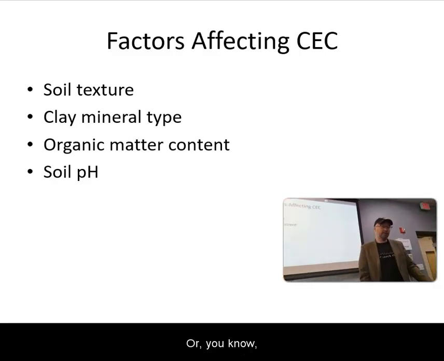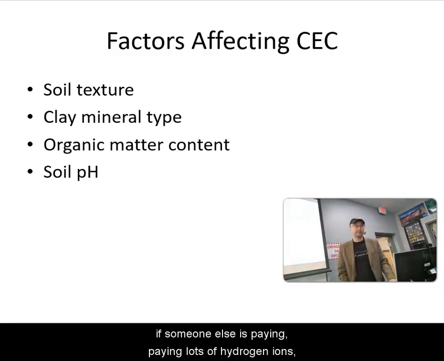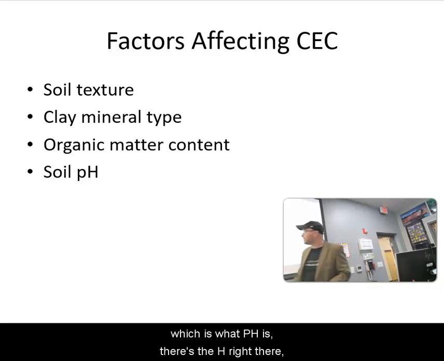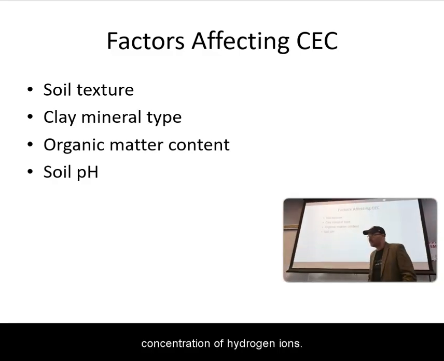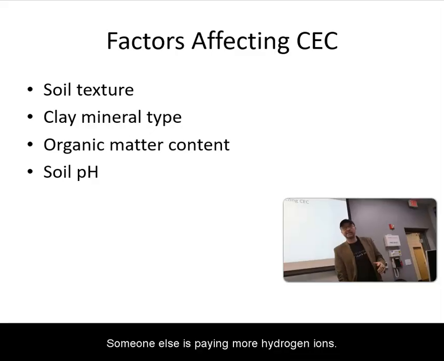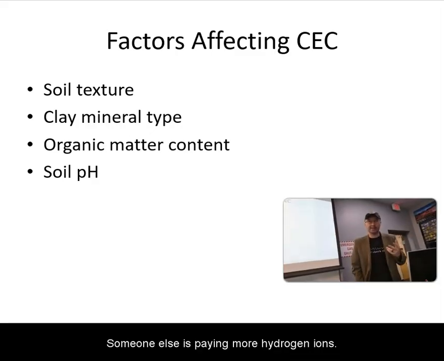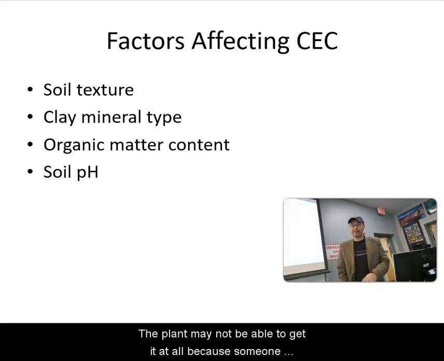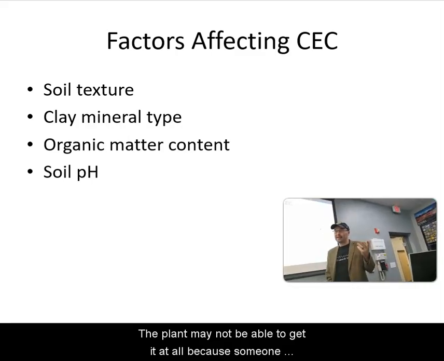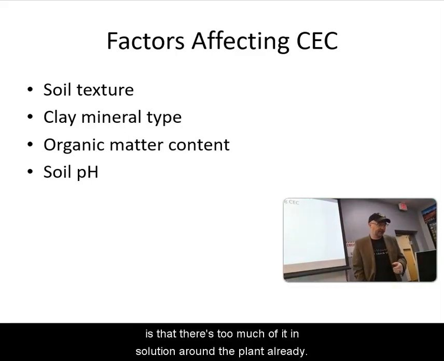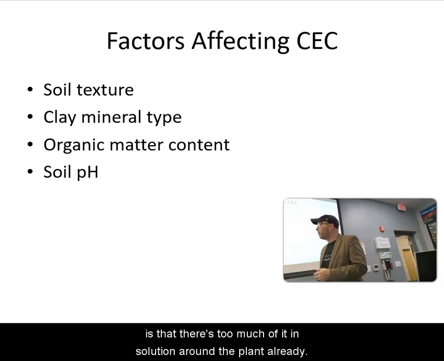Or if someone else is paying lots of hydrogen ions, which is what pH is, there's the H right there, concentration of hydrogen ions, the plant may not be able to get it at all because there's too much of it in solution around the plant already.